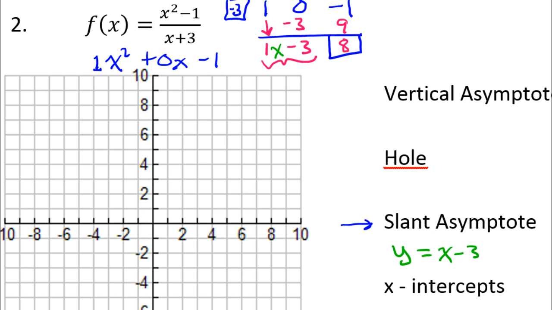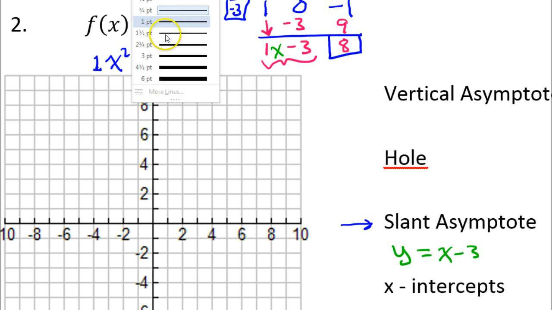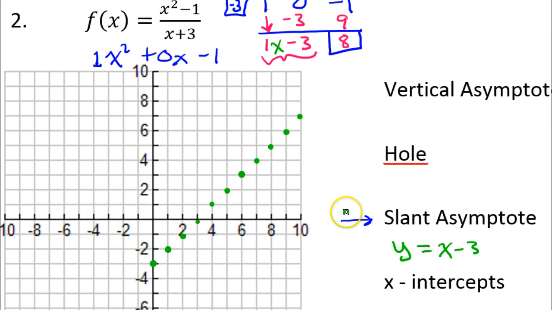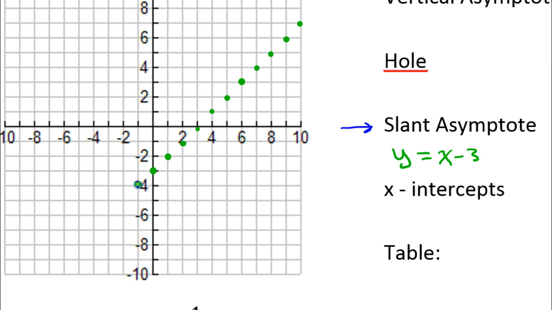So I might as well go ahead and graph that. If I want to graph this, I start at negative 3 and put a dot. The slope is 1 over 1. So that means I'm going to go up 1 over 1 like this. Then I'm going to continue that pattern backwards, like this.